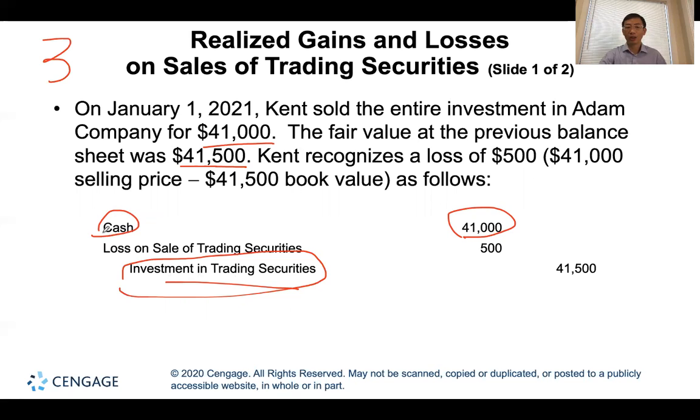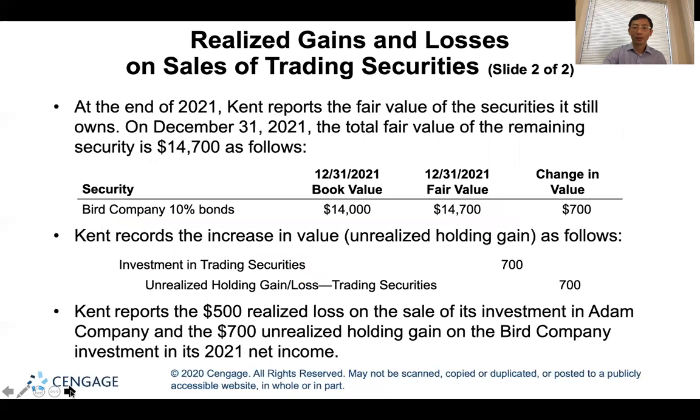Because you receive cash, and the balance of the security is more than the cash received, so it's a loss. So debit cash, debit loss on sale of trading security, credit investment in trading security. Okay, that's easy. And another one is the 10% bond.